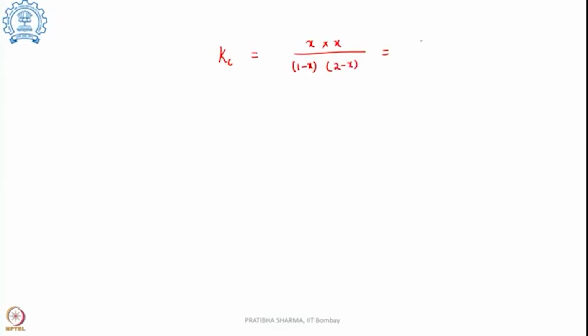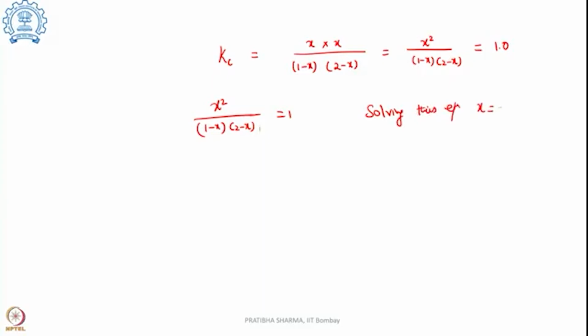So, that is x square over 1 minus x and 2 minus x. It is already given in the problem that this value is equal to 1. So, now we will solve this quadratic equation, x square upon 1 minus x into 2 minus x equal to 1, and if we solve this equation, we get the value of x, and that comes out to be 0.667.